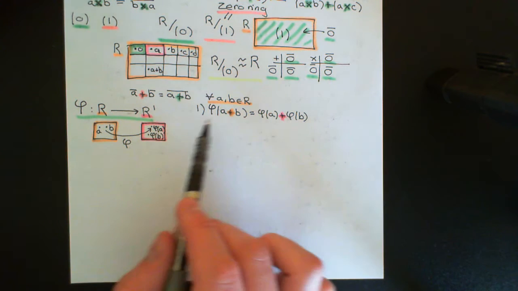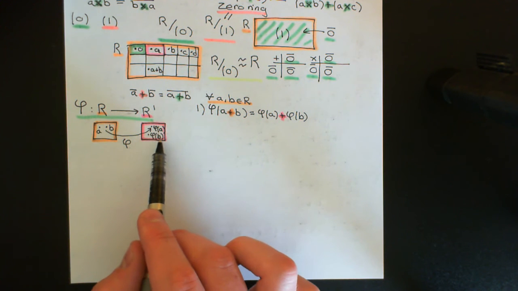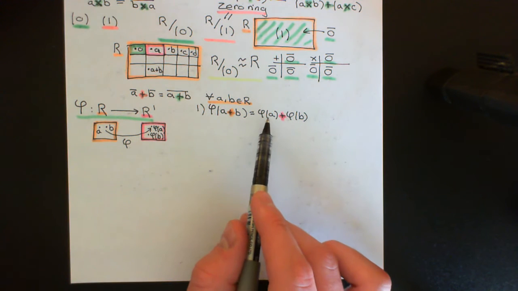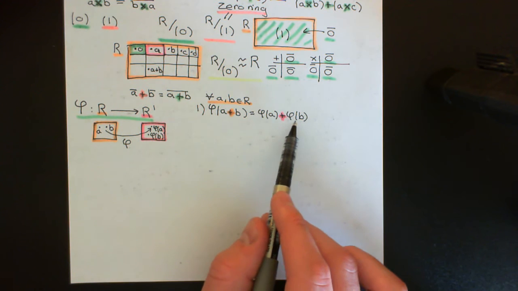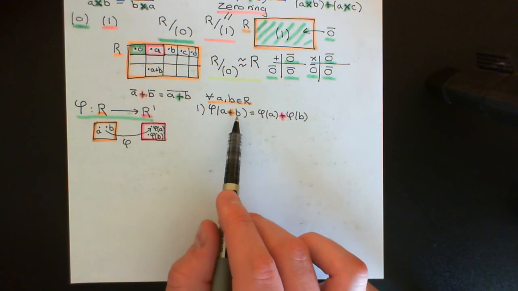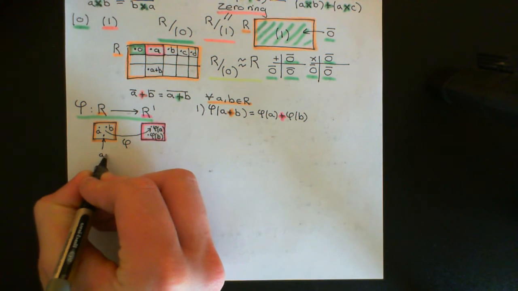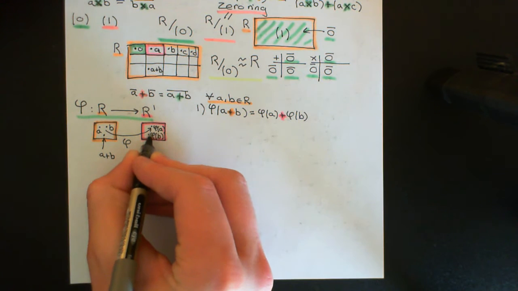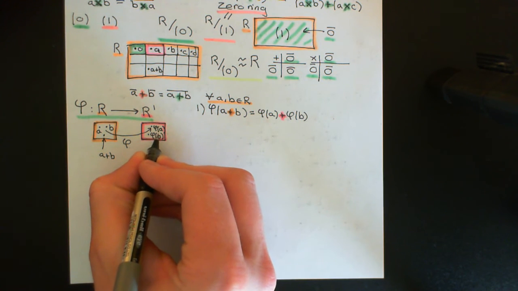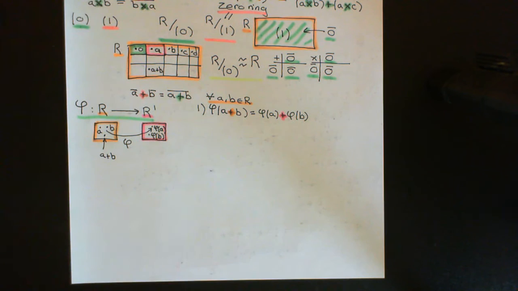Here we can add these two answers together in the codomain ring, and that answer, phi of A plus phi of B, needs to be the same as phi of A plus B. So A plus B must be mapped onto these two elements added together in the codomain ring. That's basically saying that addition has to be compatible between the two rings.